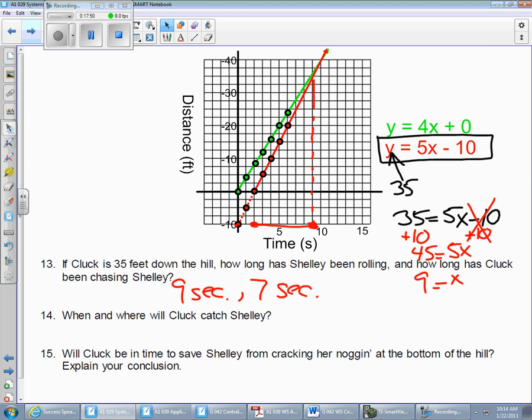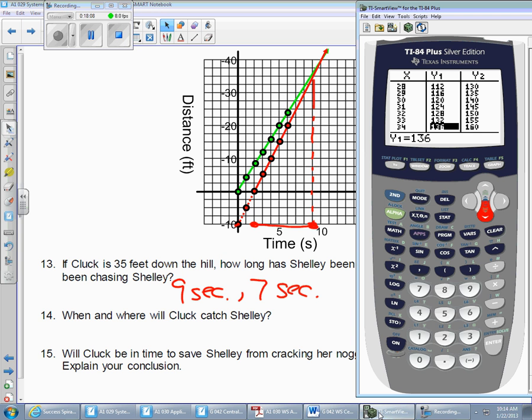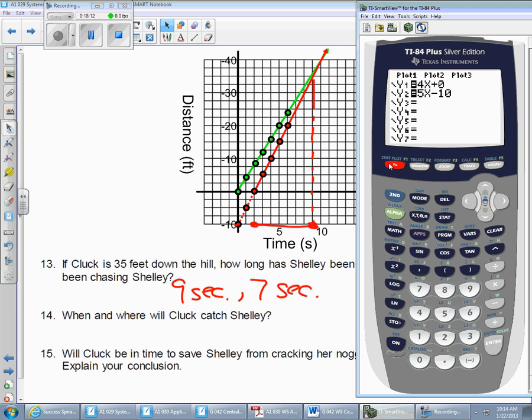That's going to be the place where they cross over each other, right? That's going to be the intersection. So at that point in time, we want to know where they cross. And this is what all of Unit 6 was all about, figuring out where two lines cross each other.